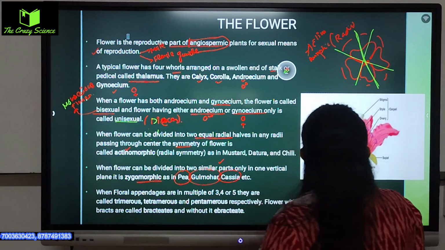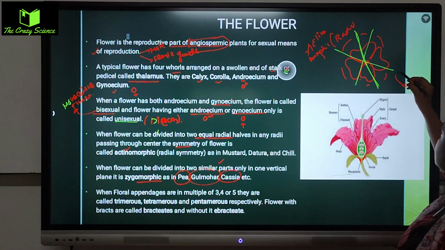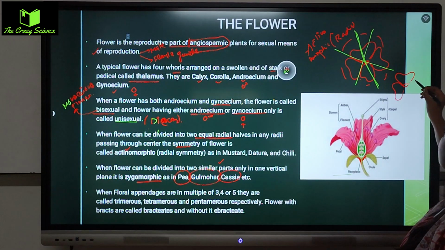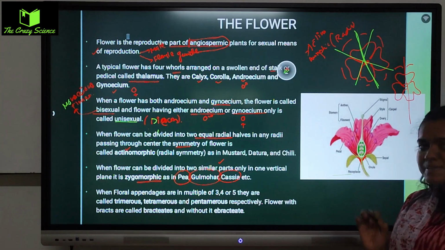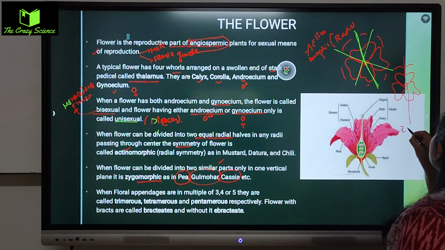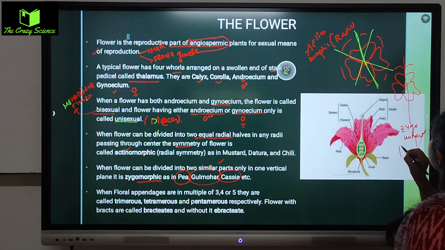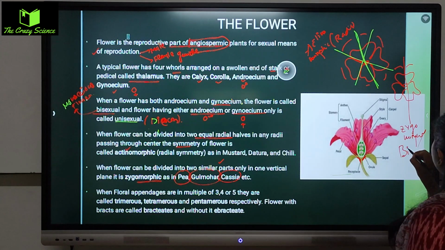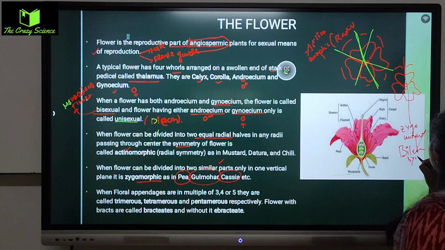And suppose for another flower, I cut just one time, and after one cut I got exactly similar and equal halves. This is called zygomorphic, or in short we can say it is bilateral symmetry.